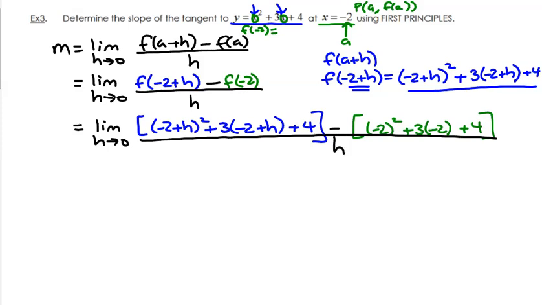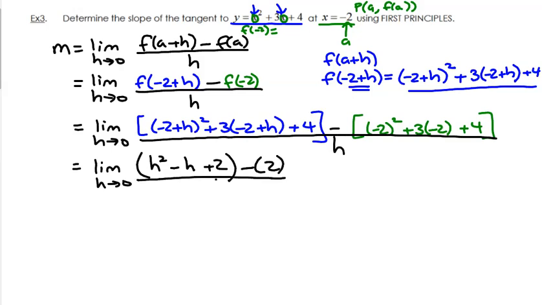Keep simplifying. That h on the bottom is going to disappear eventually. If I keep simplifying, I will get something that looks like this: h squared, obviously I simplified a lot, through the magic of television, minus h plus 2 for the blue, minus 2 for the green, all over h. Notice that these guys will cancel out.